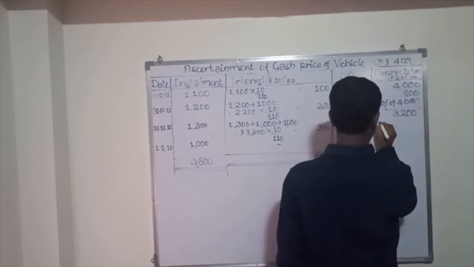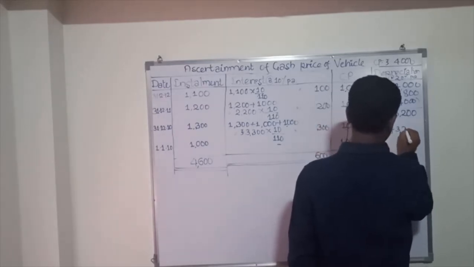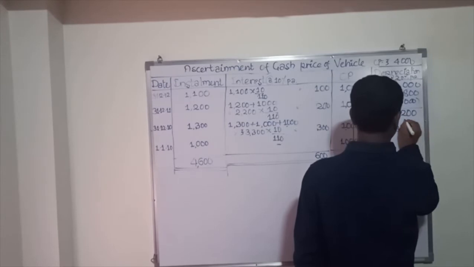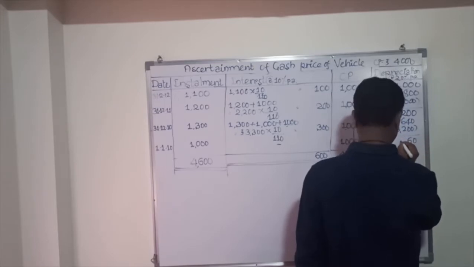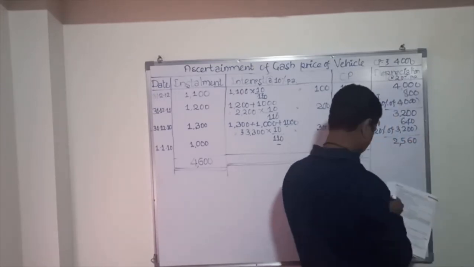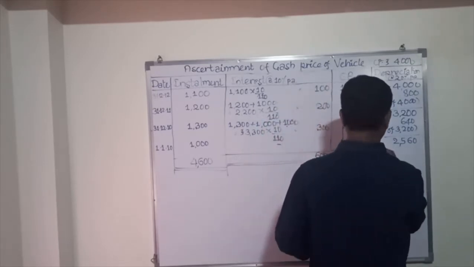Then second year, 20% of 3200 comes to 640. So let's find the difference here: 12 minus 7, 5, 2560.